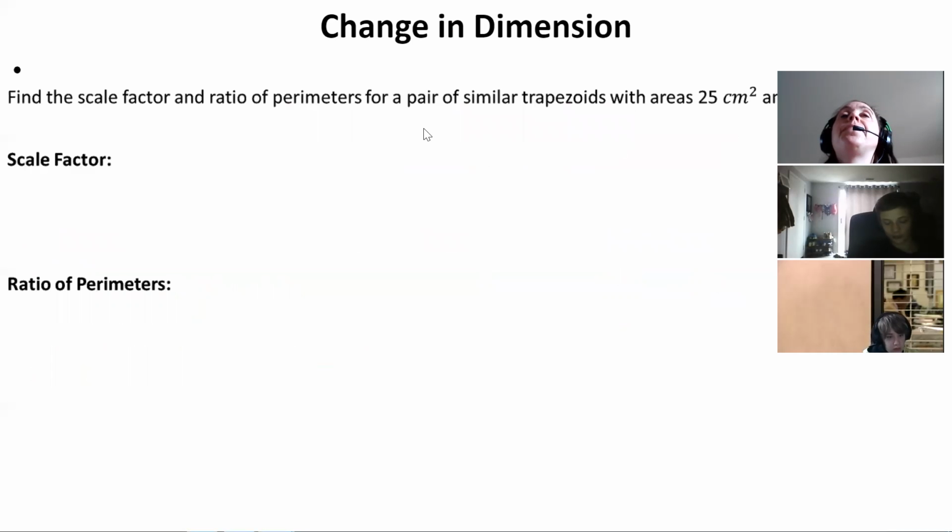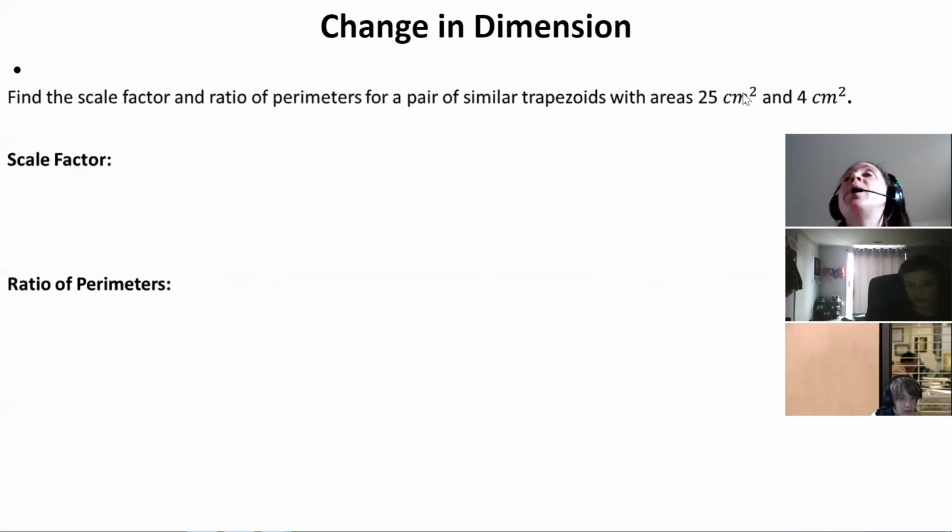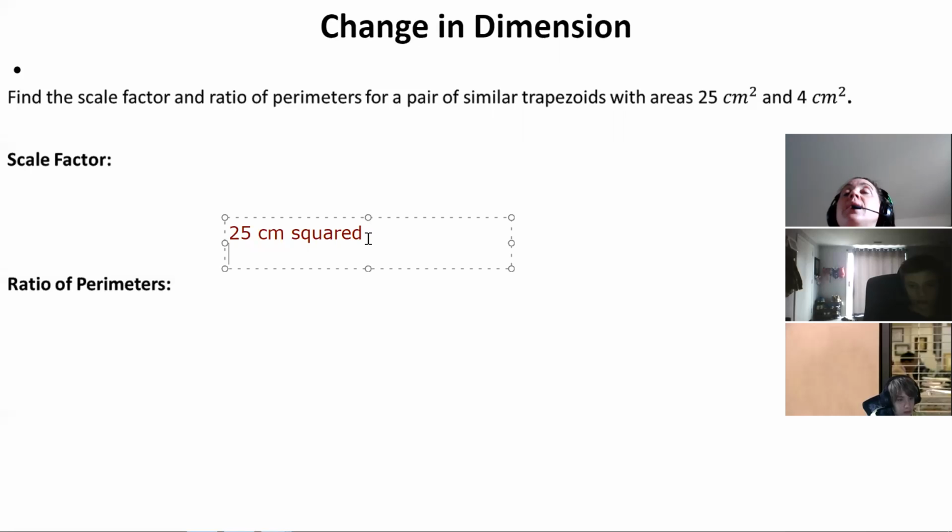Here we go. So this one says, find the scale factor and ratio of perimeters with a pair of similar trapezoids with areas of 25 centimeters squared and 4 centimeters squared. So we have 25 centimeters and then 4.